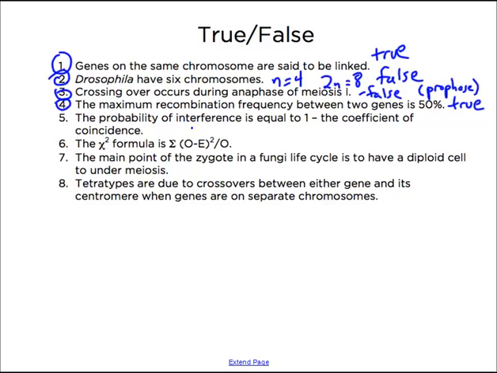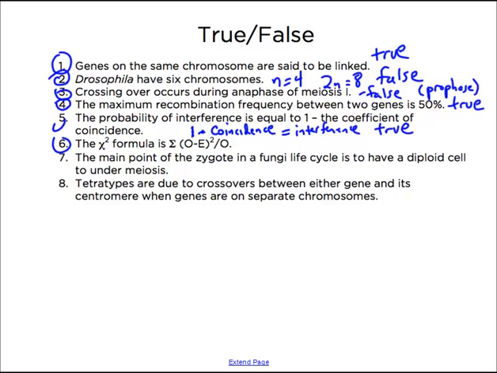So if you take 1 minus coincidence, the coefficient of coincidence refers to those that you predict to see that you actually do see. So 1 minus that would equal the interference. If we go into all the math, it would take a lot of time. If you need more information about that, you can refer to one of the theory videos. So that is true.